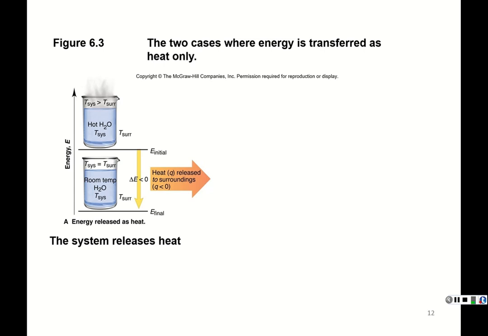Right, so there are two cases where energy is transferred as heat only. Okay. You could have an initial state. In this example, we're just using a beaker of water. Right, very, very simple system to understand. Okay. If we have a beaker of water and it's hot water, right, so the temperature of our system is greater than the temperature of the surroundings.